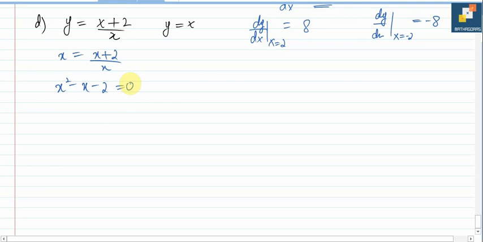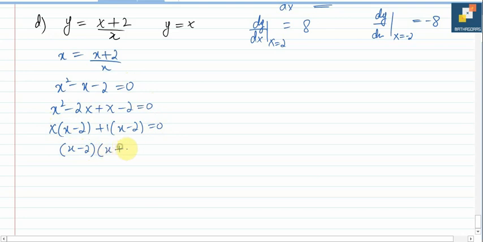You have a quadratic equation. So it's x square minus 2x plus x minus 2 equals 0. x minus 2 plus 1 x minus 2 equals 0, right? Again you can take common here, and the common is x minus 2 times x plus 1 equals 0.